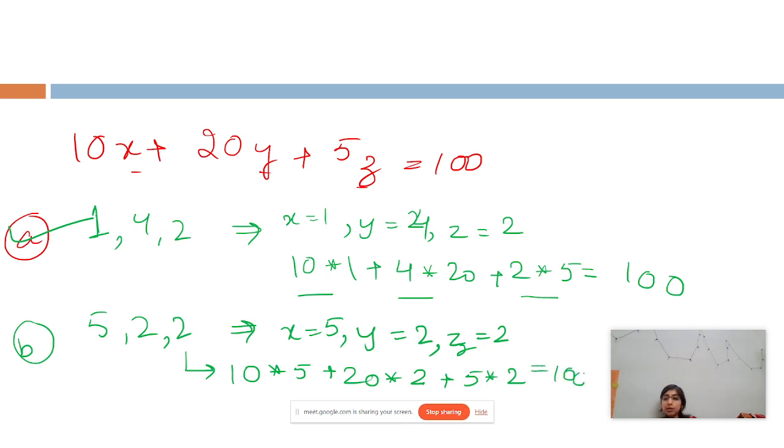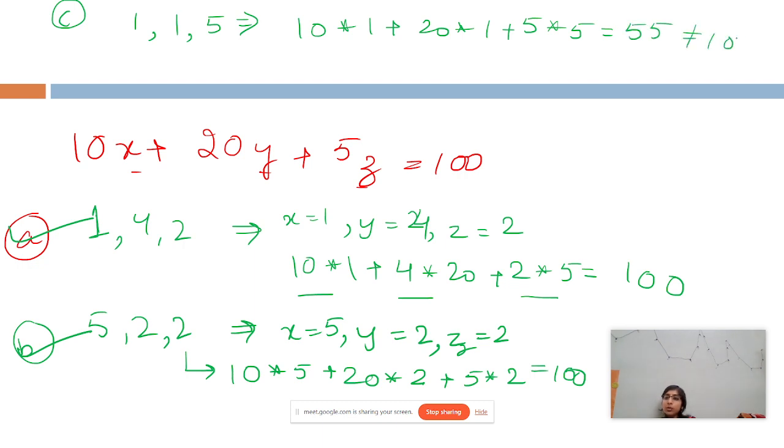Again 100. Correct? Let's go for option C, 1, 1 and 5. 10 into 1 plus 20 into 1 plus 5 into 5. That is 10 plus 20, 30, and 25, 55. Not equal to 100. So this is wrong.